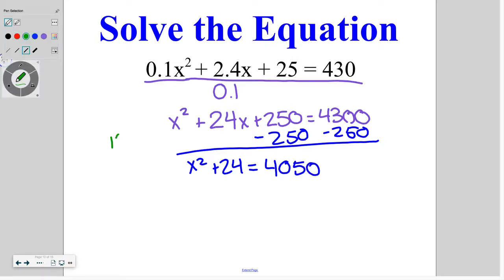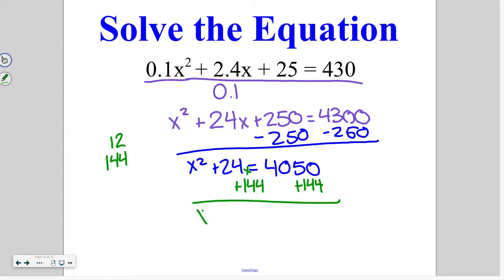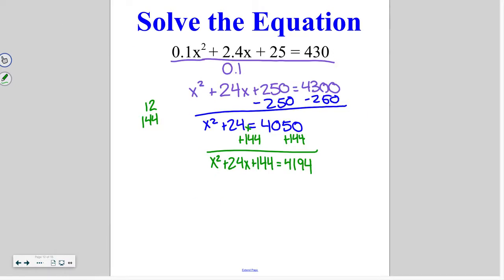So half of 24 is 12. Squaring that is 144. So I'm going to add 144 to both sides. And I end up with x squared plus 24x plus 144 is equal to 4,194. Then I'm going to go ahead and factor that.